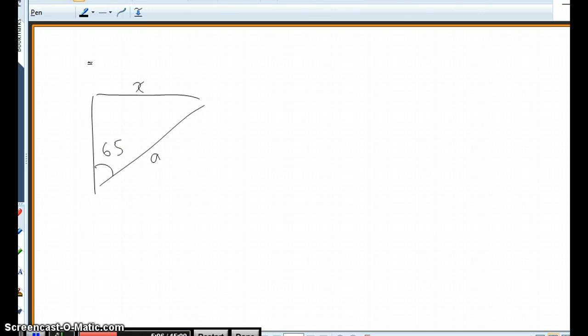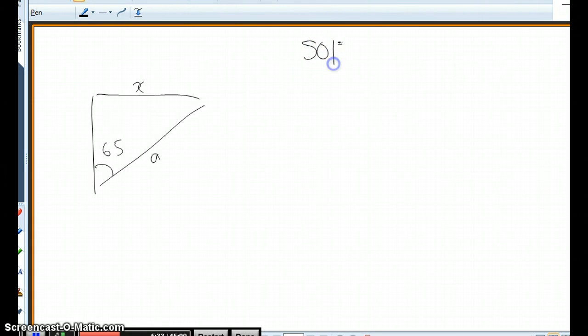Okay, in this part of the exercise, question 1, all we're going to do is identify whether it's a sine problem, a cosine problem, or a tan problem. There's an acronym that we use in trigonometry. SOHCAHTOA, right?